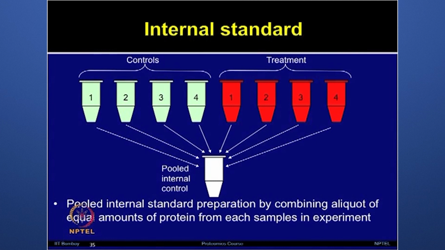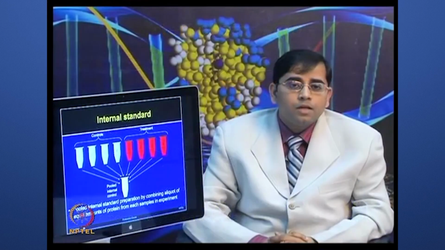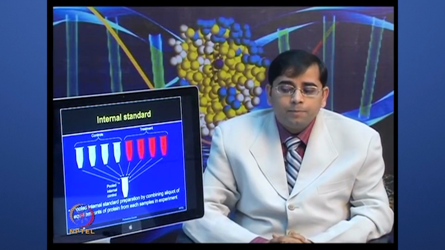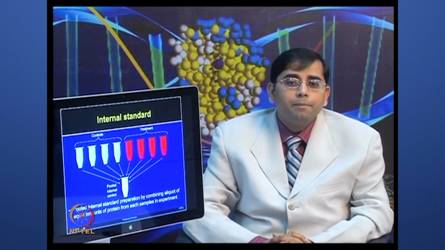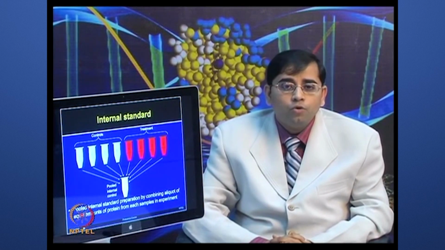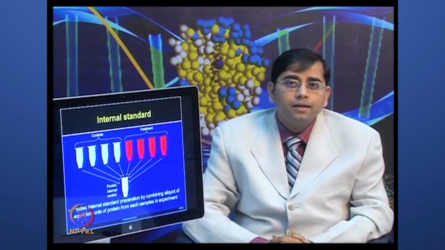To represent all the proteins present in each of these samples, in healthy individuals and diseased patients, first you need to make an internal pool which is representative of all of these 8 samples. So, you can take 25 microliter from each of these 8 samples and make it up to 200 microliter of one pooled sample, which is your internal pooled standard. This pooled standard can be prepared by combining aliquots of an equal amount of protein from each sample in the given experiment.